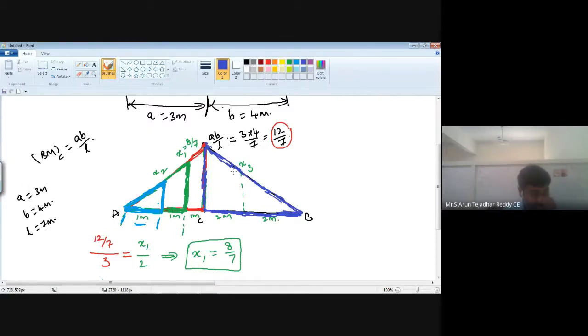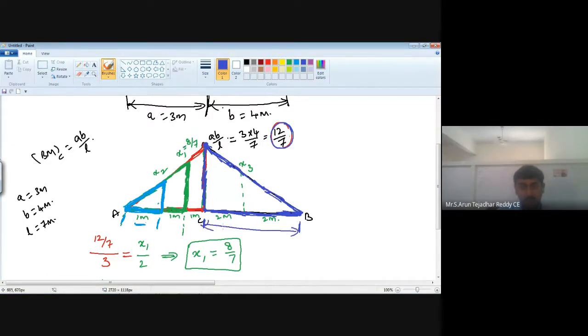So in this blue color, what is the perpendicular? See here the perpendicular is common for left portion as well as right portion. That is 12 by 7. And base is the bigger triangle base.